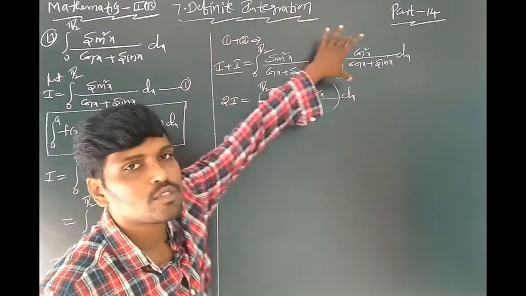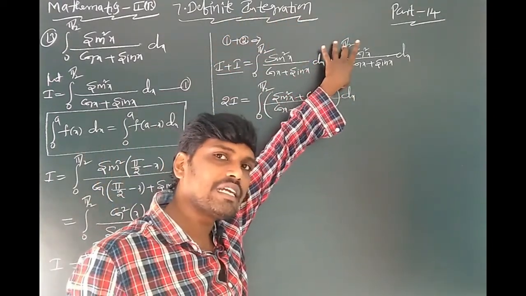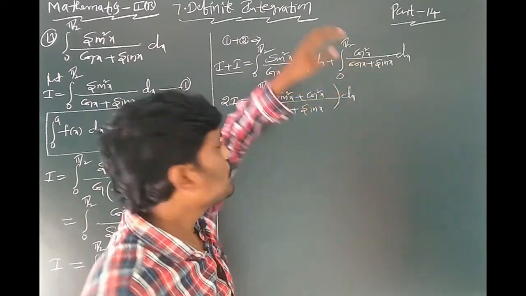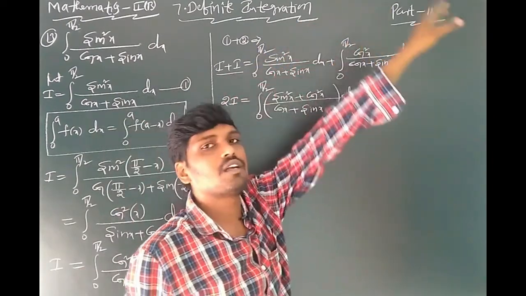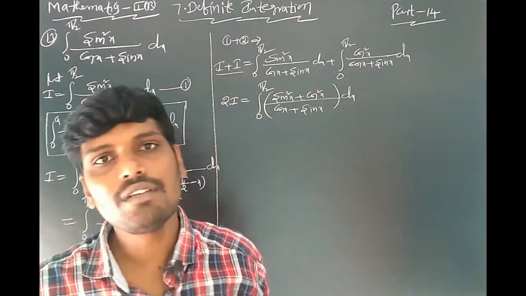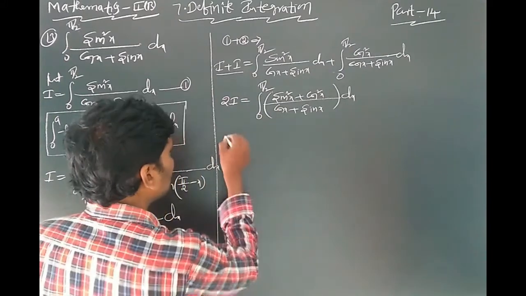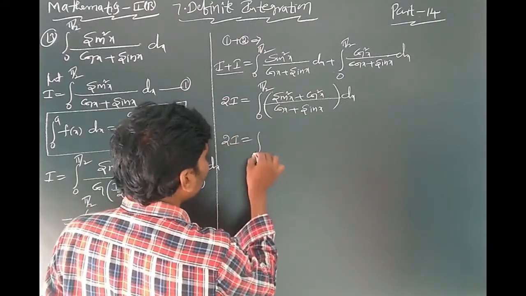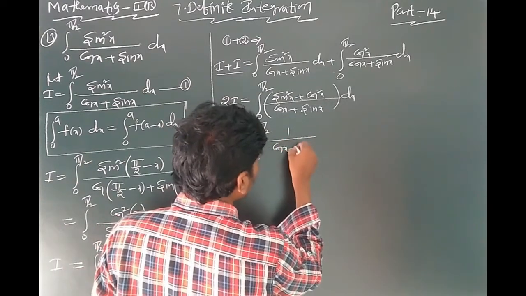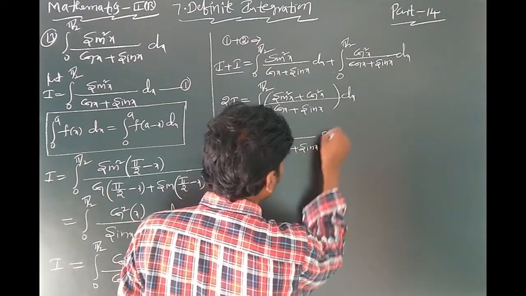These two terms are both definite integrals with the same denominator, so you can add the numerators. After that you can write whole dx. Sin square x plus cos square x value is how much? 1, by the first identity of trigonometry. This becomes 1 by cos x plus sin x into dx.